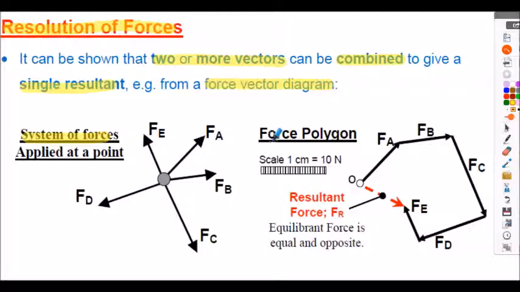And we could construct a force polygon to a particular scale that we chose, and we could draw the 5 forces head to tail, producing what's called a force polygon. And from the beginning of the polygon to the end of the polygon, define the resultant force and its direction. So we could define the force by measuring its length to our scale and also measuring the angle theta with a protractor. So that's the graphical method as outlined in a previous presentation for finding the resultant force.